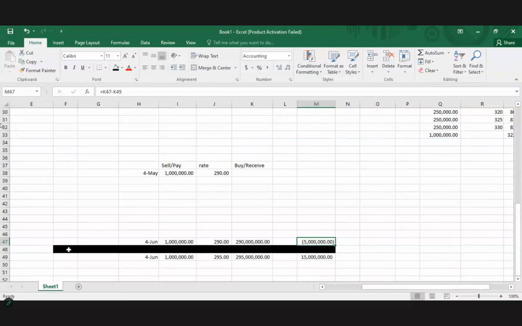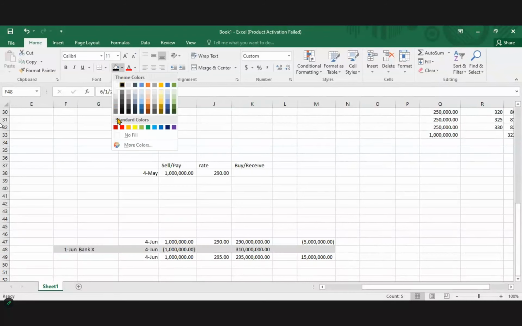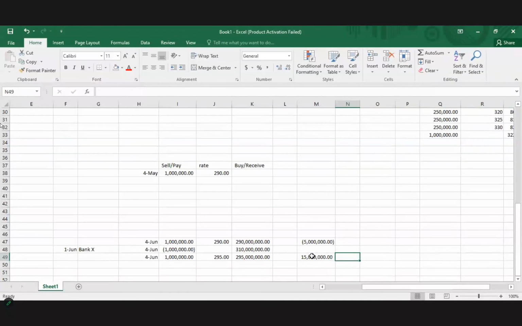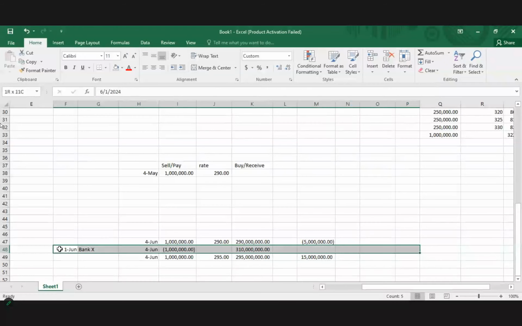Because this guy didn't settle during his settlement period. So because of that, prior to the settlement date, I didn't incur a loss of 310 million, but I ended up losing $5 million.